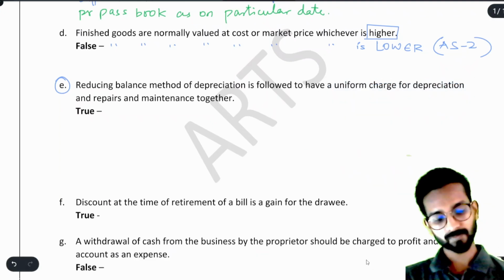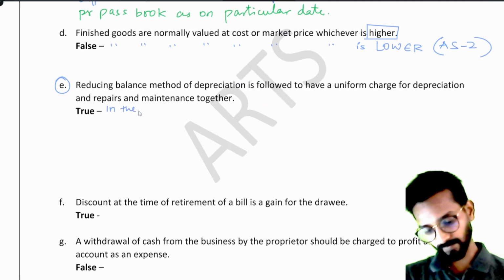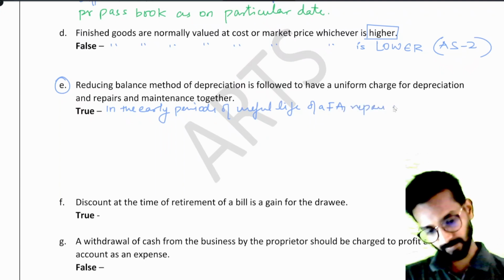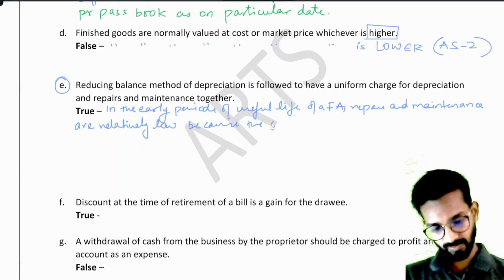Okay, now the statement is true. You can write here, see, whatever answer we are writing, they are provided by ICAI only. In the early periods of useful life of a fixed asset, repairs and maintenance are relatively low because the asset is new.